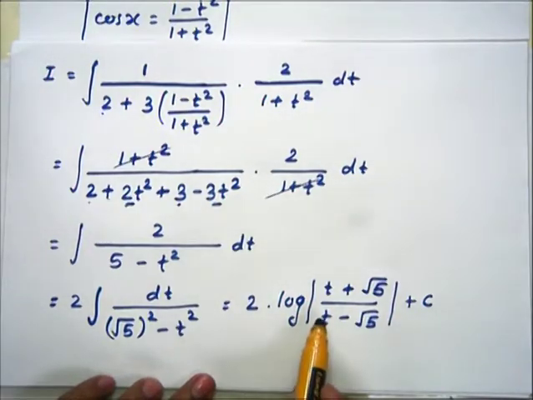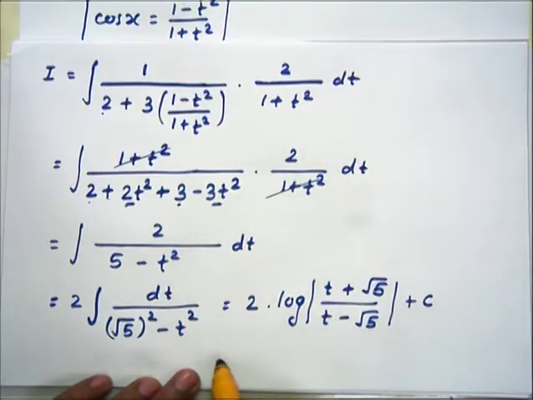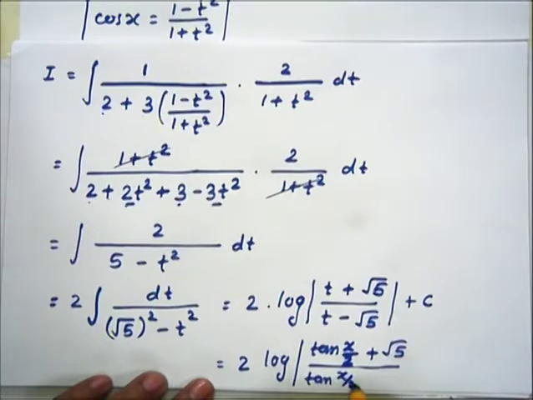But our question is in x and this is in t, so we have to convert t back into x. We know t is tan x by 2. So the answer is tan x by 2 plus square root 5 upon tan x by 2 minus square root 5 plus c.